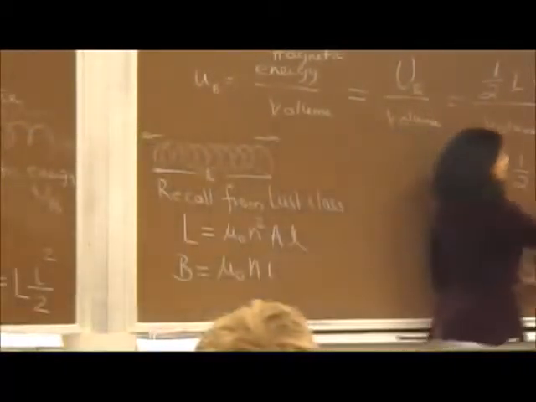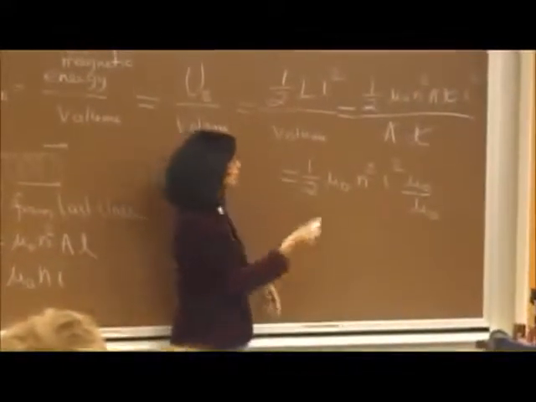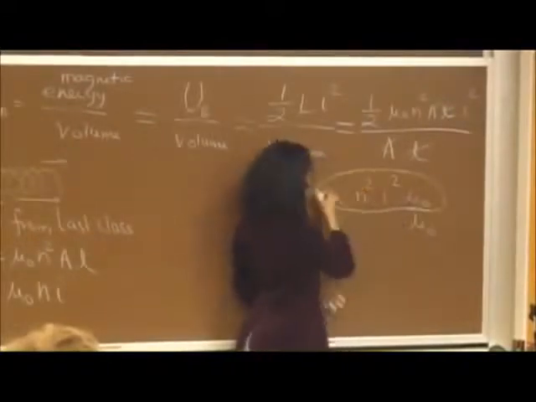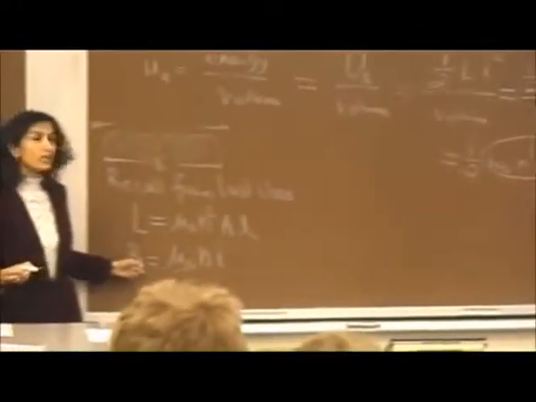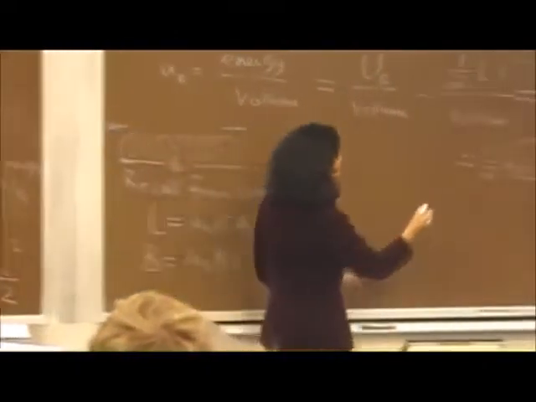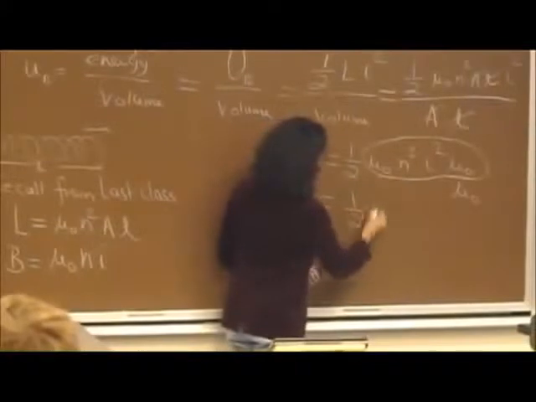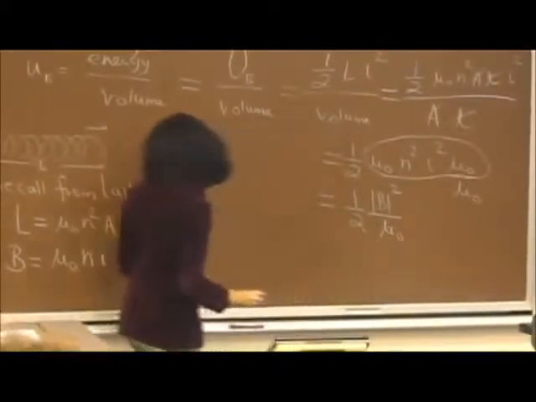What I can do is multiply and divide by mu 0, always, the same thing. If I do this, do you see that this whole thing now is mu 0 square n square I square, and that is B square, isn't it? So what we have found is that this is equal to half B square divided by mu 0.